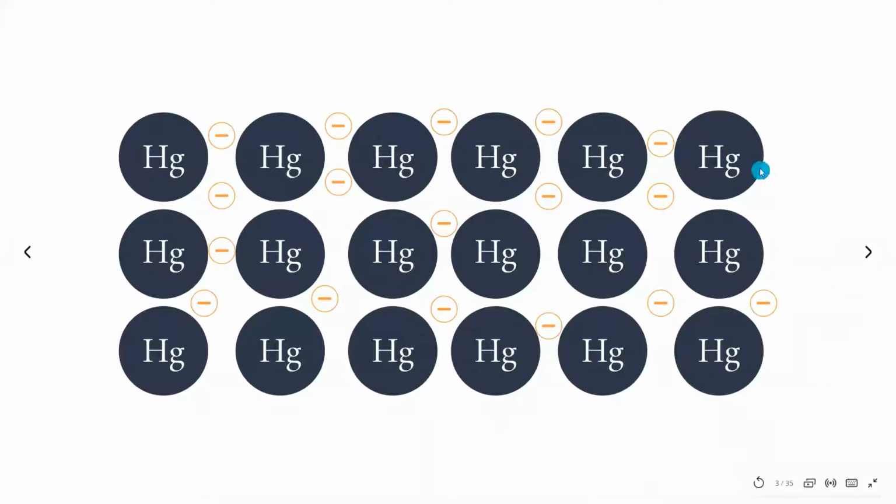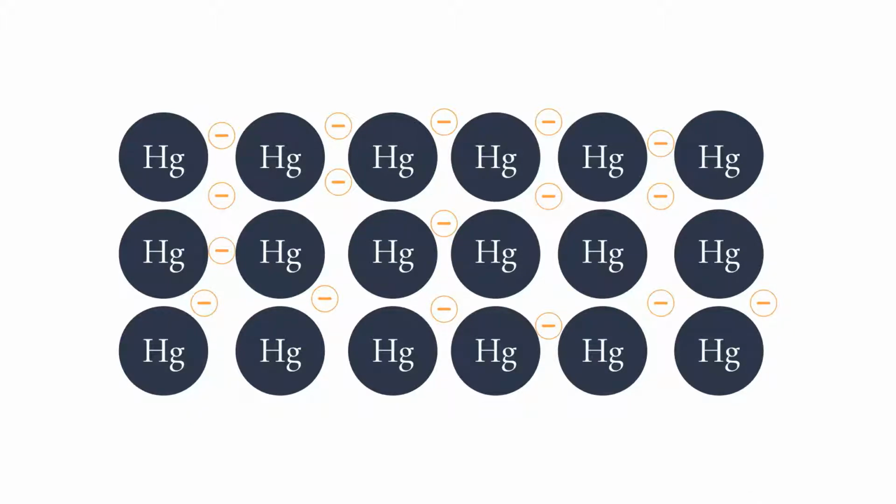So what that means is for each silver, it has lost its valence electrons. They are no longer held tightly by the nucleus. And these valence electrons are free to move throughout the solid. And so we call that delocalized. So no longer attached and free to move where they want around the solid.